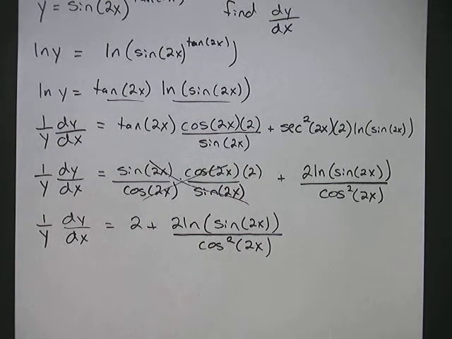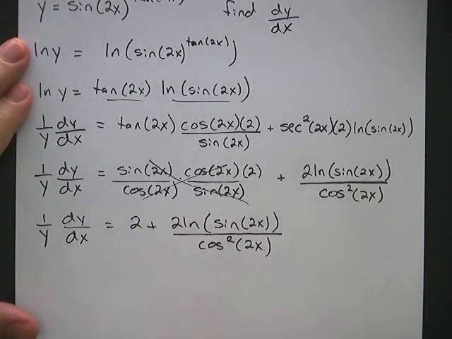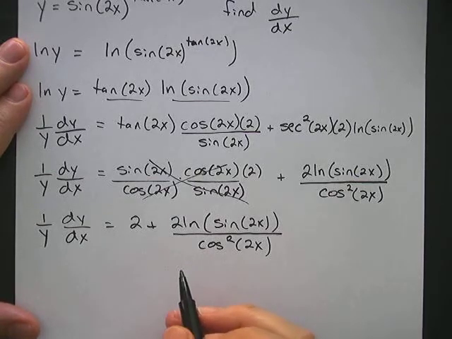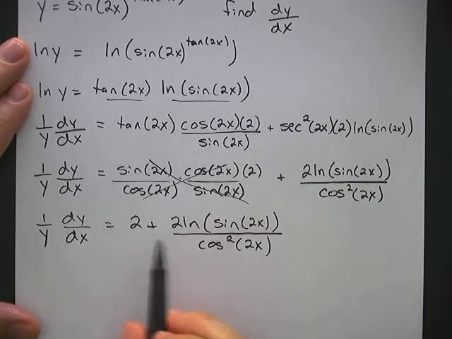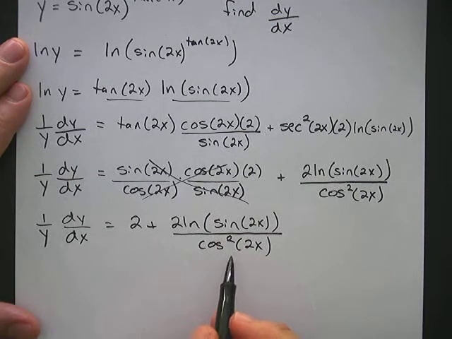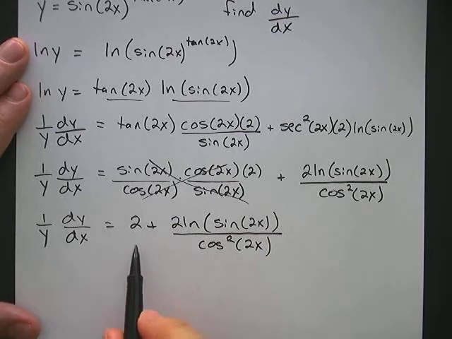Let's do one more thing before I take care of that 1 over y term. Let's combine these two terms using a common denominator. We could factor the 2 out front, which would be fine. Then it would leave a 1, and we need a common denominator, which would be a cosine squared. So this term would be a cosine squared on top and bottom.